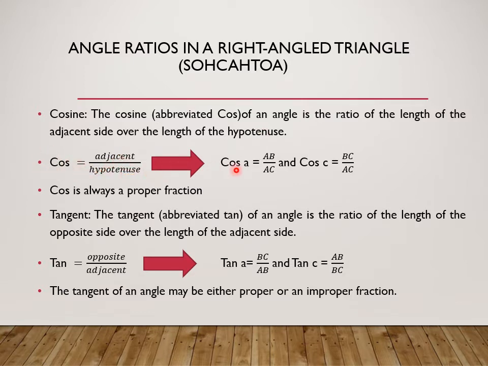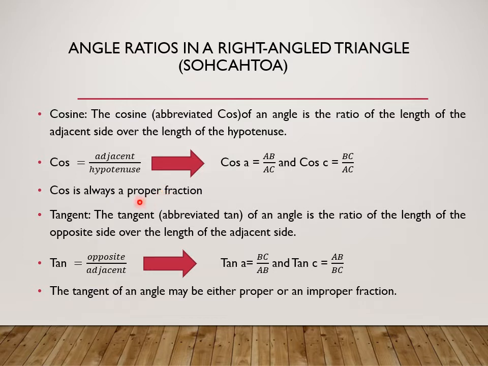This implies the cos of the angle A in the right angle triangle that we have seen is the adjacent, which is AB, over the hypotenuse, AC. And the cos of the other angle C is the adjacent side to C, which is BC, over the hypotenuse. And again, cos is always a proper fraction for the similar reason that we have given about sine.